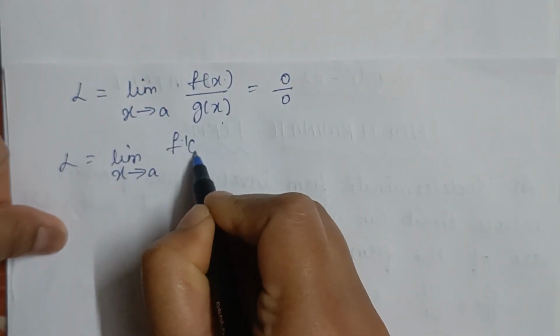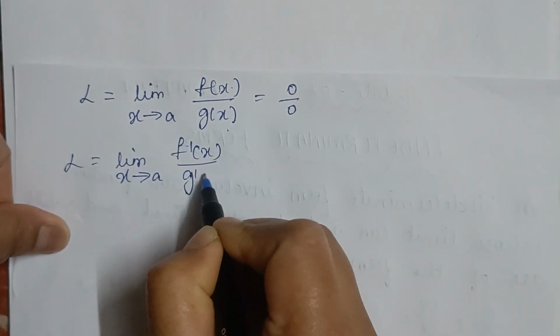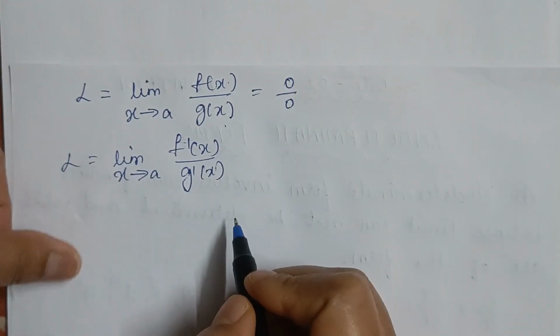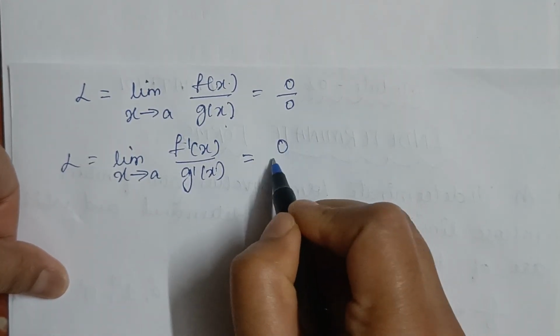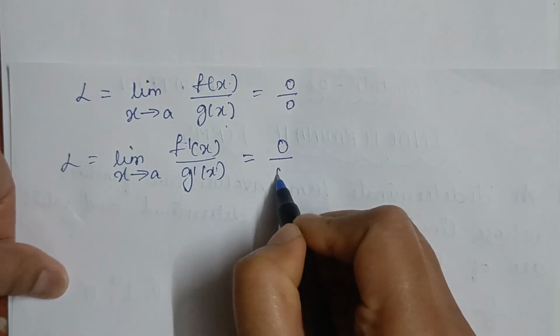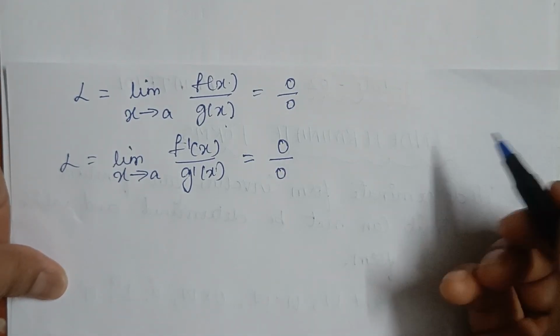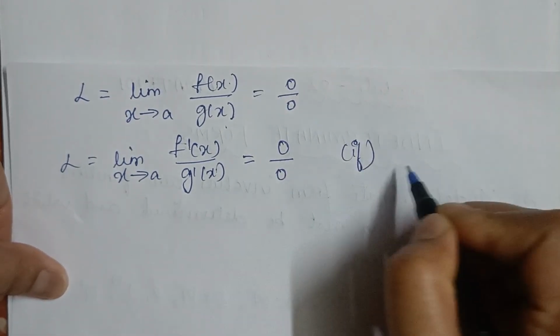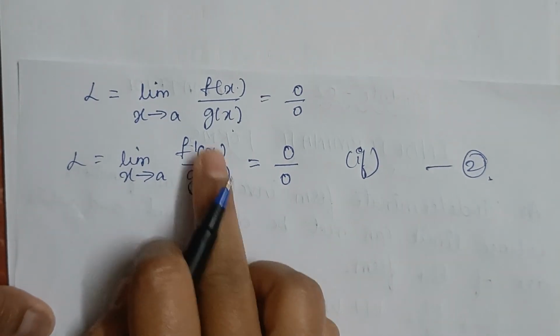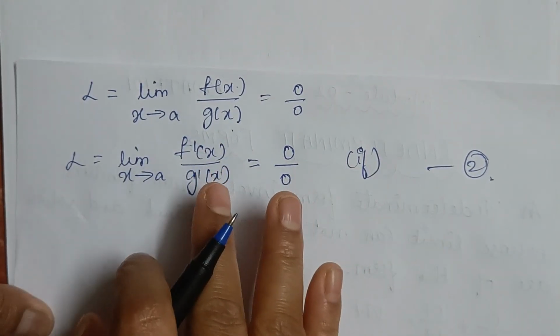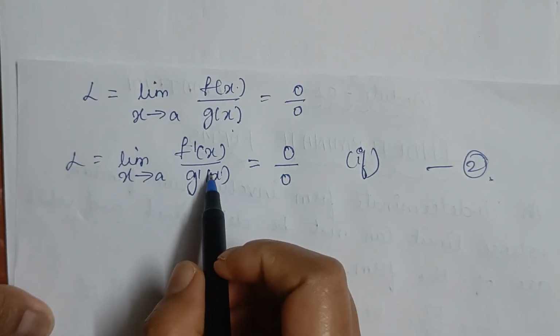So let me consider f dash of x divided by g dash of x, for our reference. Consider I got the differentiation also as 0 by 0. This is also indeterminate, right? If I got this, let me consider this as equation 2. I will differentiate these two again separately with respect to x.